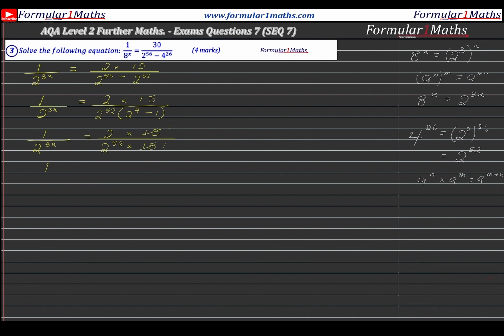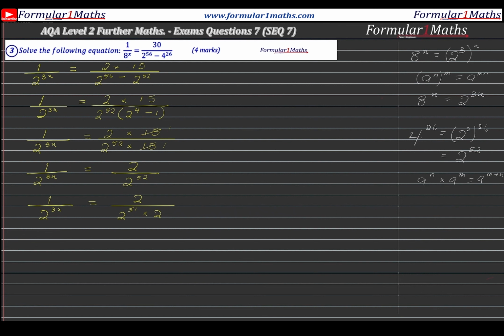So I'm left with 1 over 2 to the power 3x is equal to 2 over 2 to the power 52. So 1 over 2 to the power 3x is equal to 2 over 2 to the power 51 times 2, because this is 2 to the power 1, and 1 plus 51 is 52.